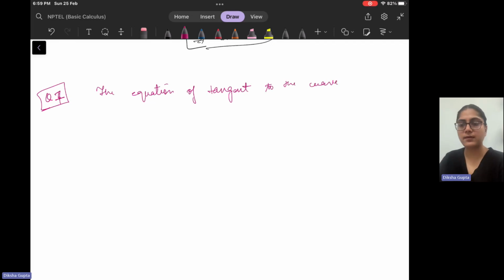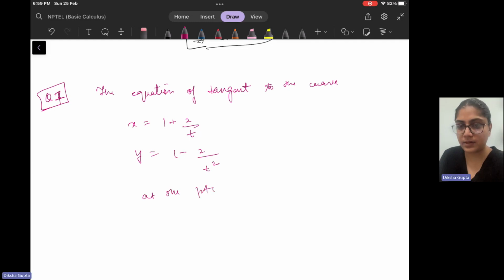The curve you have been given in parametric form, x equals 1 plus 2 by t, y equals 1 minus 2 by t square at the point two comma 1 by 2 is, you have to find the equation of the tangent to the curve.